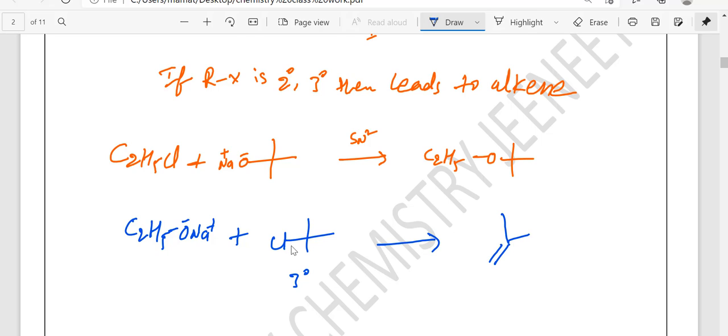Why? After leaving this chlorine it is a tertiary carbocation. Before that it is a strong base, so it is taking one hydrogen from any one of these CH3 groups. Suppose from this CH3 one hydrogen is removed, then it is giving alkene. Okay, so this is the major product now.